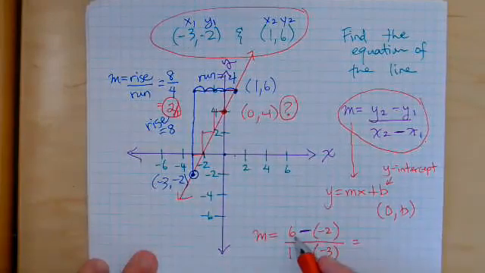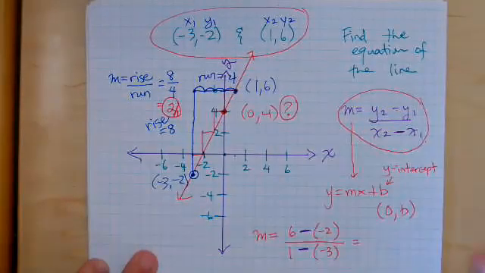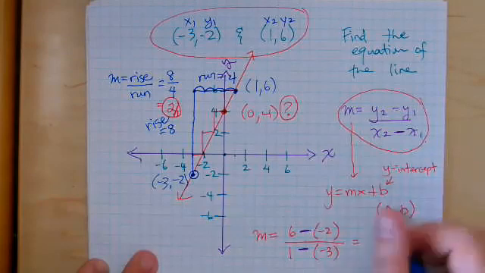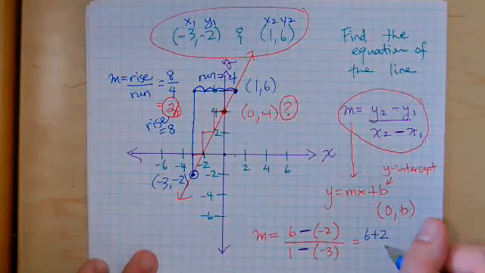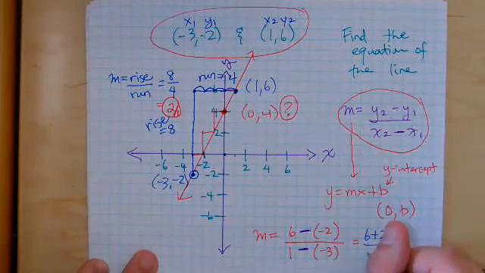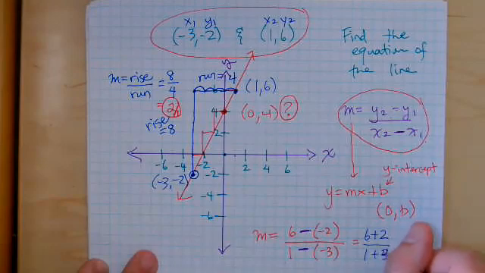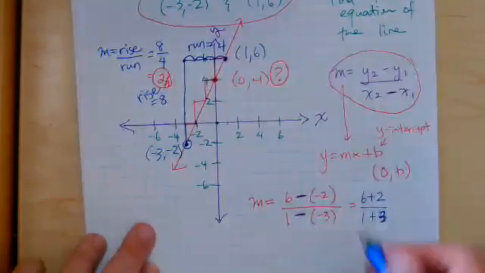Now, if I do that math, you see how I have 6 minus -2. What do we do when we have minus and negative? Isn't that the same thing? It's plus. 6 plus 2 over 1 minus -3. 1 minus -3 is going to be 1 plus 3. Sorry, 1 plus 3. And that is giving you the 4.